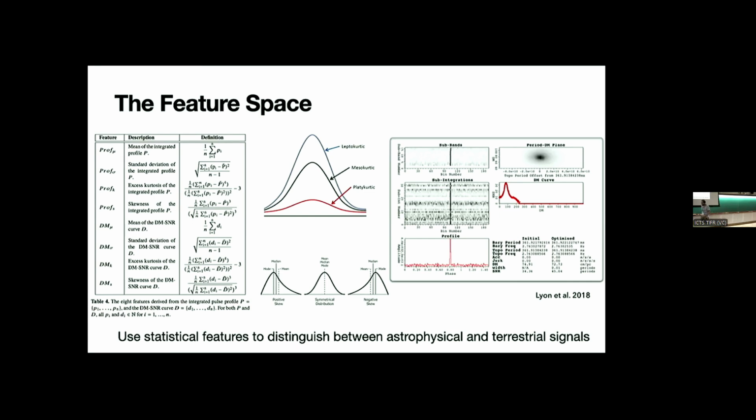But as I mentioned, there are some drawbacks here. One is that because there are no hard thresholds here, these classifiers are not going to be very accurate. So you're going to get a reasonable number of false positives.